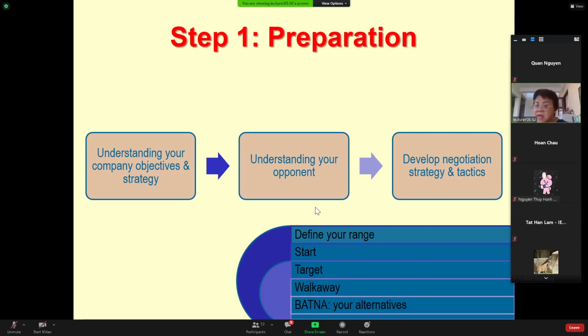For the preparation, if you look here, you define your range. Where do you start, and what is the target? What is the goal? What is the objective you will gain at the end? Sometimes you don't come to an agreement and you walk away.